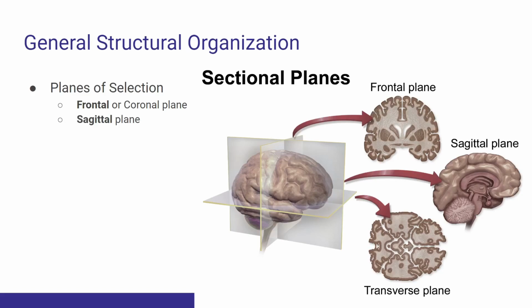The second would be the sagittal plane, which would be like separating the hemispheres in half. And that can be mid-sagittal, which would be right down the middle, or parasagittal, which would be an off-center cut, depending on what brain structures you were interested in looking at. There's also a transverse, axial, or horizontal plane, which would be cutting through the brain in a horizontal fashion.